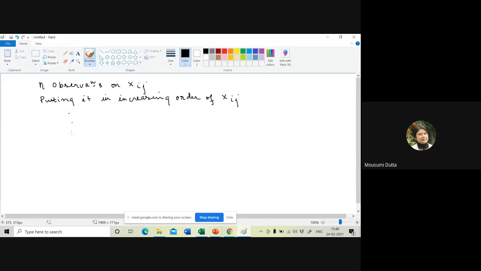So the observations are like this, and from this we are eliminating C central observations.